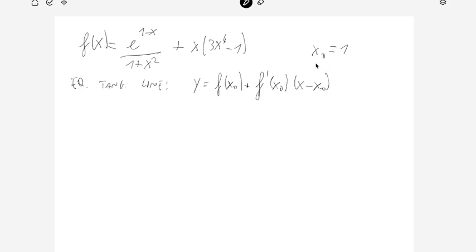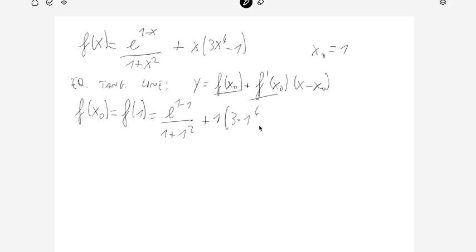So in our case x0 is 1, we have to compute f of x0 and the derivative at x0. So f of x0, it is f of 1, and it is e to 1 minus 1 times 1 over 1 plus 1 squared plus 3 times 1 to the 4 minus 1.